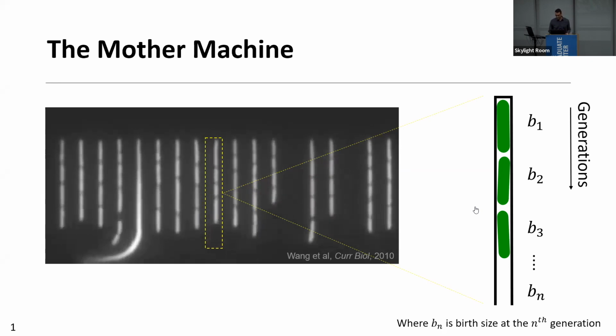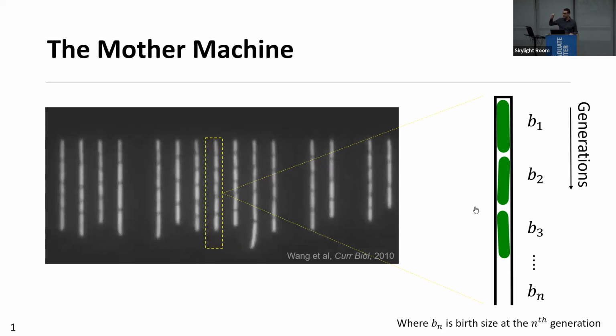In the mother machine, you have a mother cell that's trapped at the tip of this rod-shaped trap. And when the mother divides, you can measure the size across generations as shown in the picture to the right.